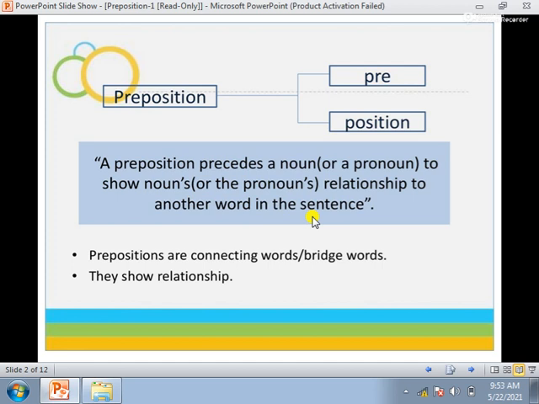So it actually shows the relations between different parts of the sentence. Prepositions are connecting words or bridge words. They show relationship.